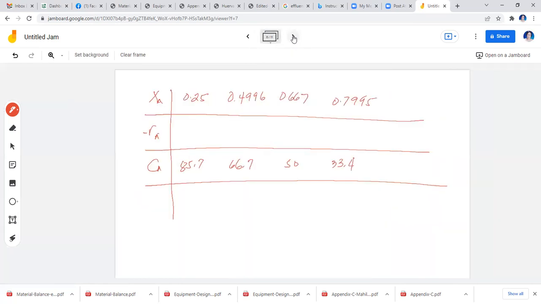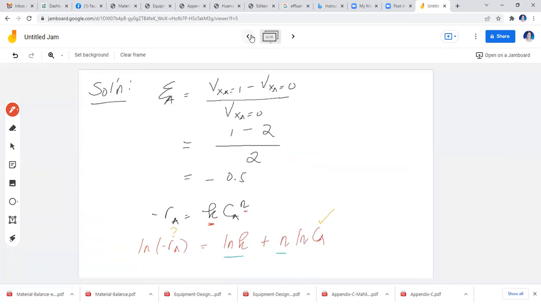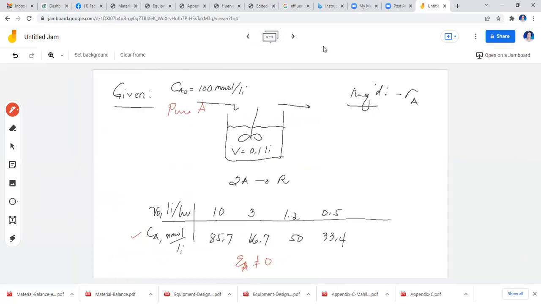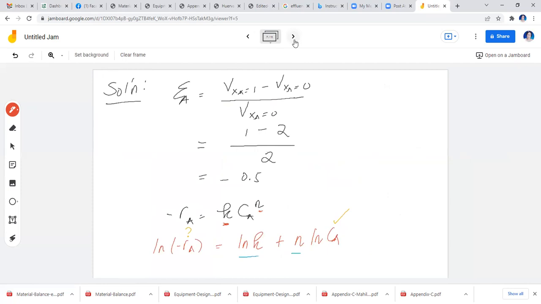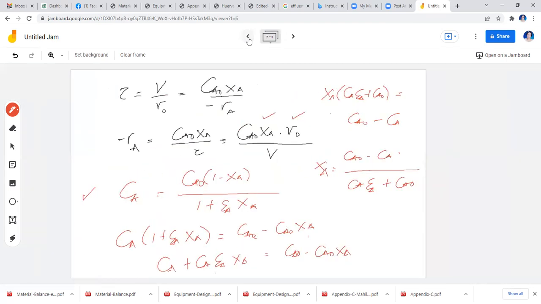That way, you will just need to substitute. So for V sub O, we have 10, 3, 1.2, and 0.5.